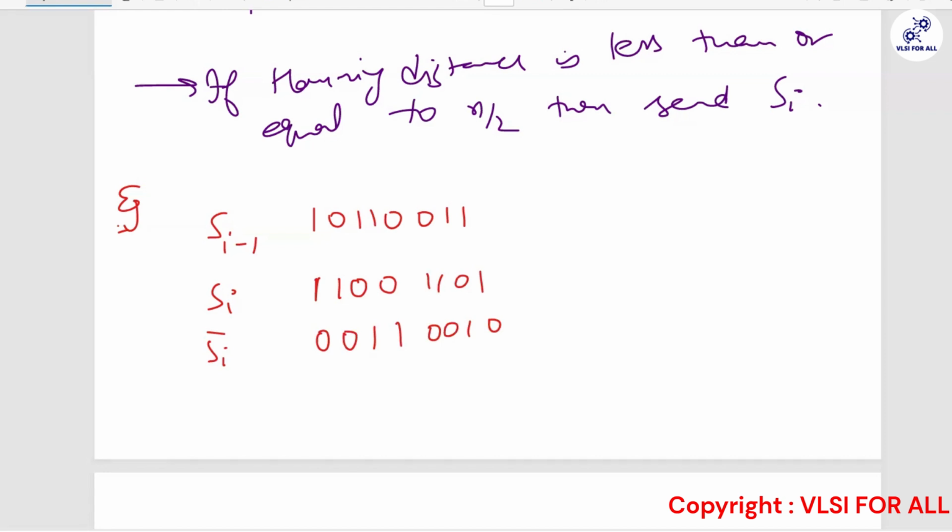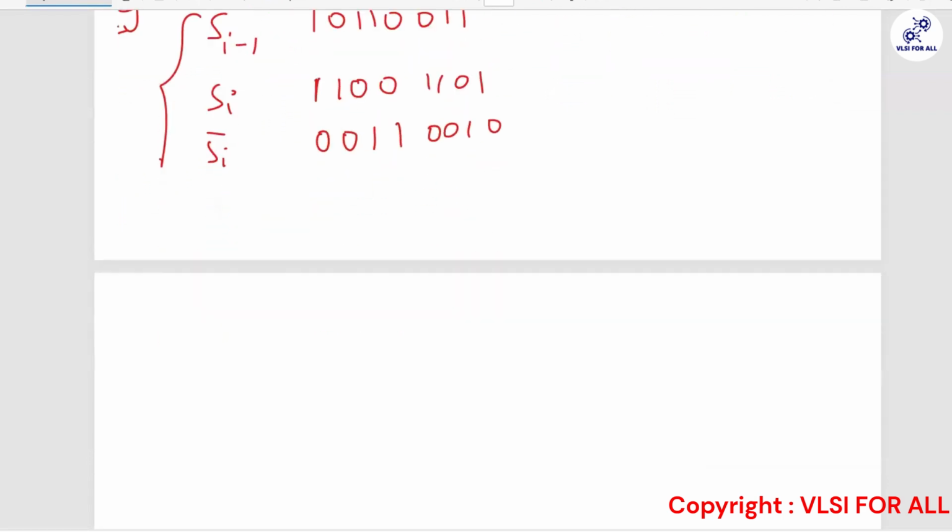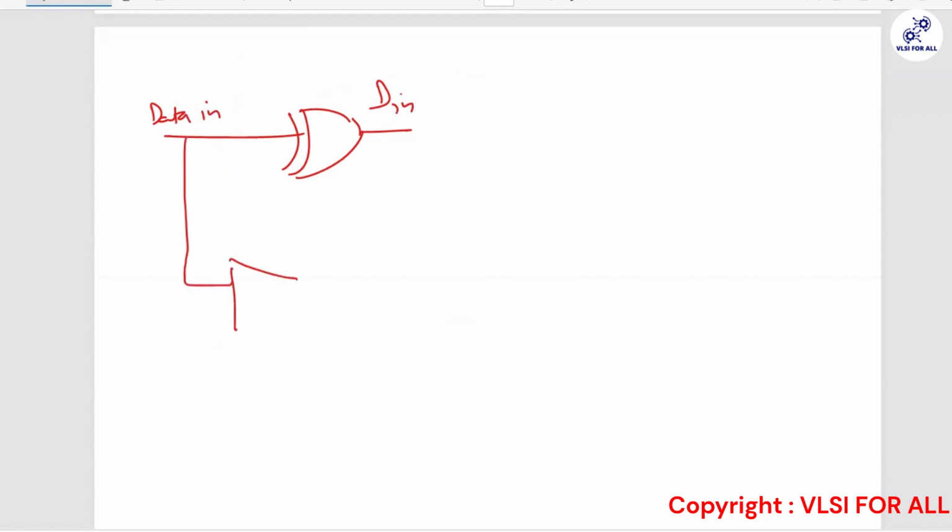If I have to make the logic diagram for this, you need to remember the previous value, which means you need to use a flop. We'll use this XOR gate. This will be your data input, so here your data in is coming. This data in is going to some function.